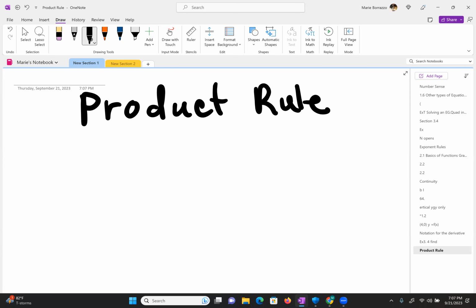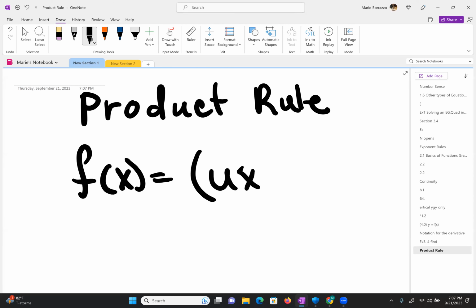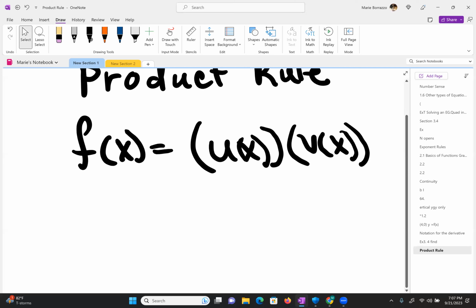Okay, product rule. I want you to write down this formula where if I have a function f of x, and that function is the result of some function u of x times some other function v of x. And I'll give you an example of this back to back.